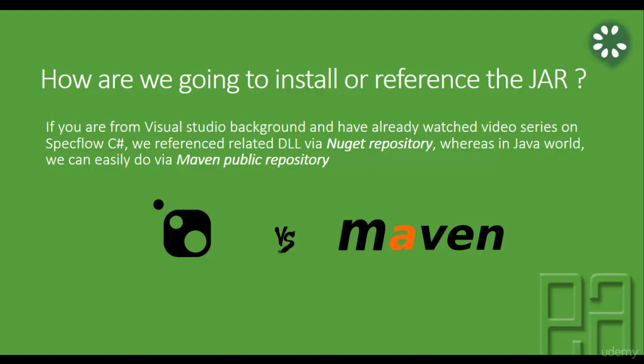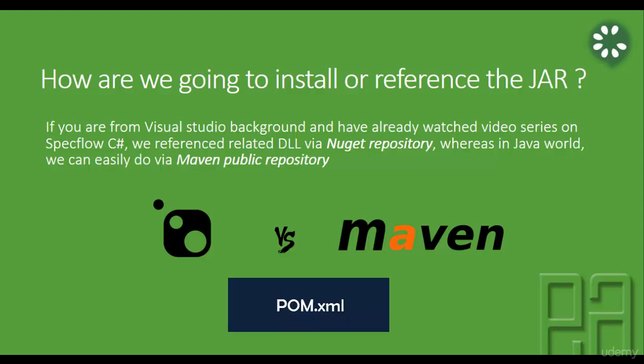But Java has many different ways of referencing jar files. You can download the jar files publicly from the website and add them as a reference as you do in C#. But the Maven public repository is very cool, many people are using it, and it's like a very plain simple file which is called a POM file.